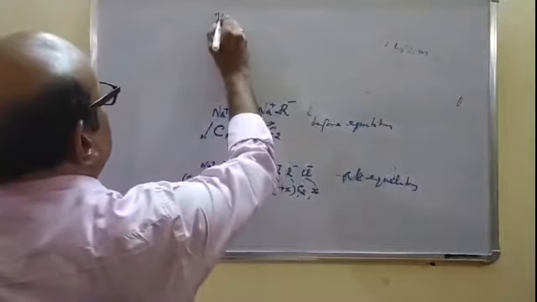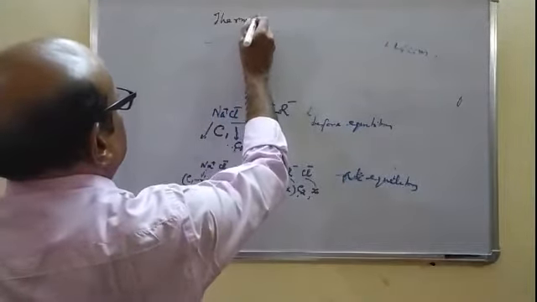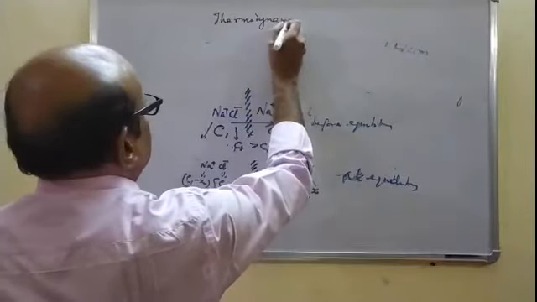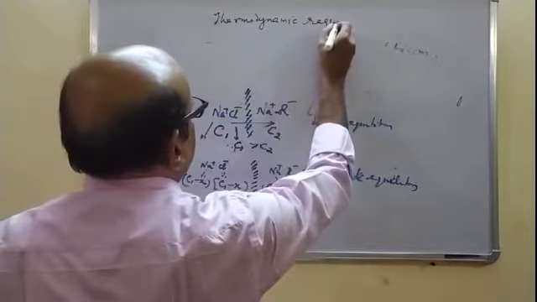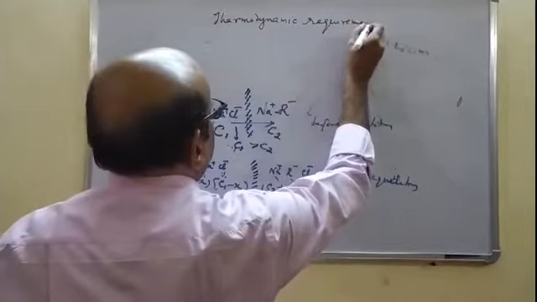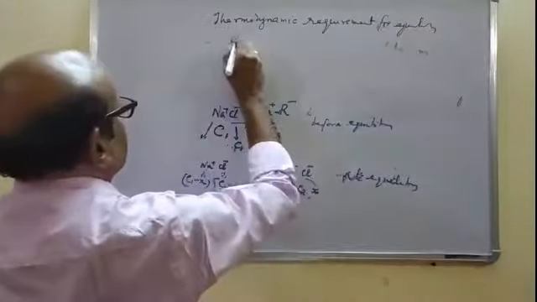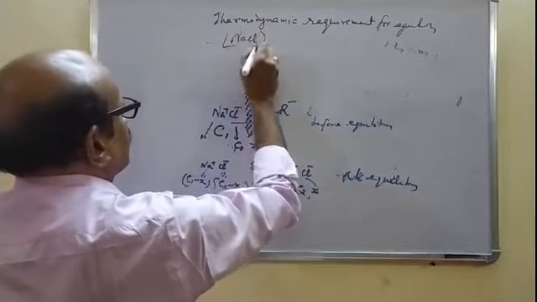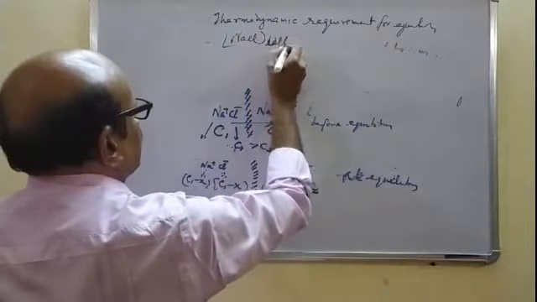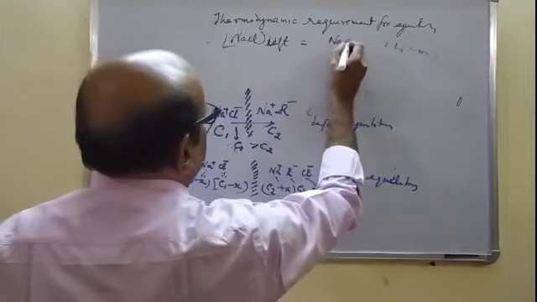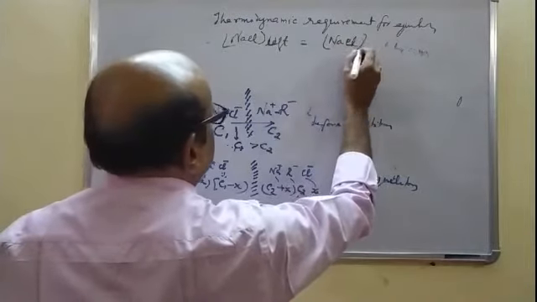Thermodynamic requirement for equilibrium: NaCl left should be equal to NaCl right.